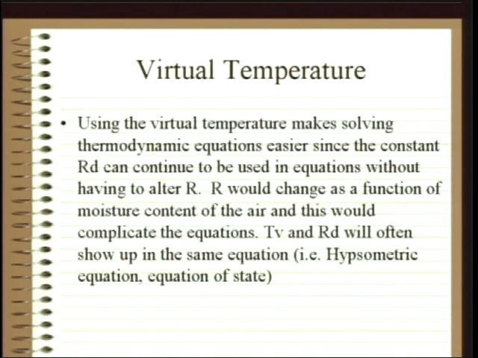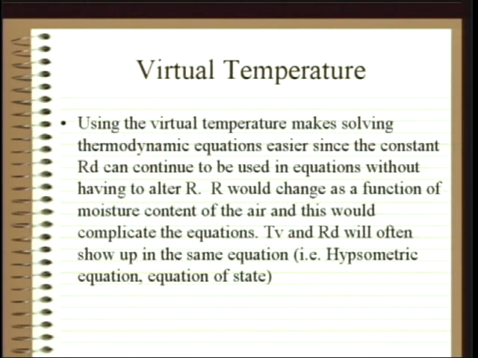And why do we use the virtual temperature in equations instead of the actual temperature? Well, here's the reason why. Using the virtual temperature makes solving thermodynamic equations easier since the constant RD, the gas constant for dry air, can continue to be used in equations without having to alter the R value.